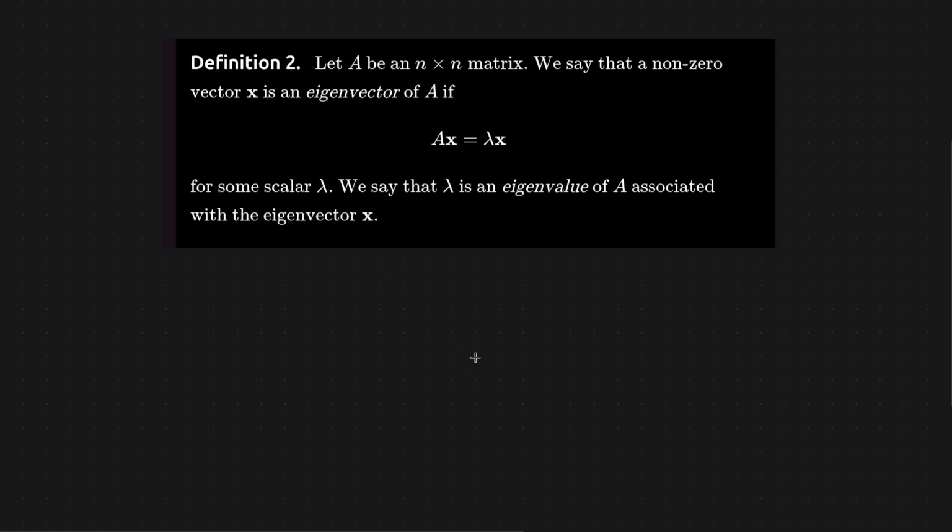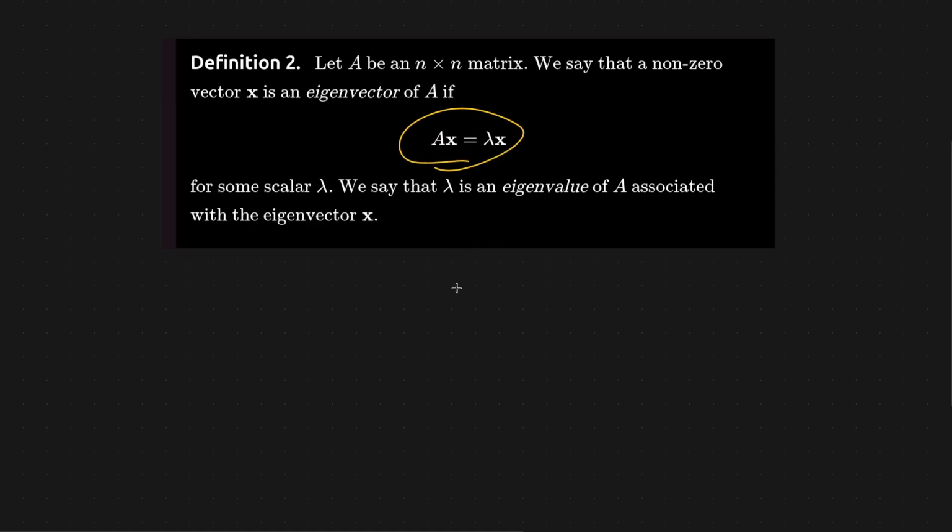A couple of points here. Notice that generally this doesn't happen. Usually when we apply a transformation to a vector, most of the time the vector rotates. It doesn't just change its length or possibly flip around. It's not just a scalar multiple of what we had before. Usually the vector, after multiplying by a matrix, after applying a linear transformation, could be pointing in a totally different direction.